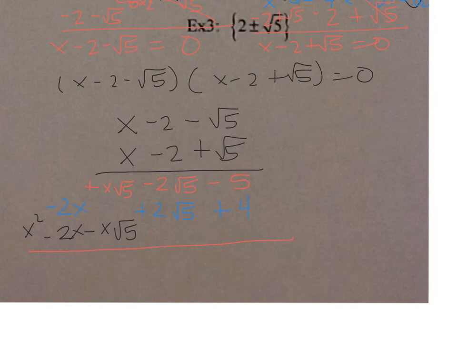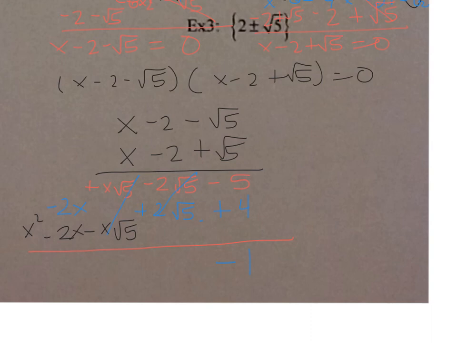So I have negative 5 plus 4 is negative 1. Notice here, right in the middle, I have negative 2 the square root of 5 and positive 2 the square root of 5. So that's right, you guessed it, they cancel out. They become 0. Right here in the middle, I have positive x the square root of 5 and negative x the square root of 5. And again, those cancel out, so we can cross them out.